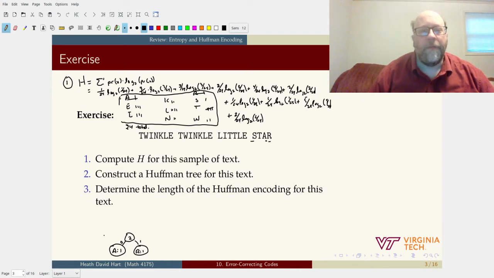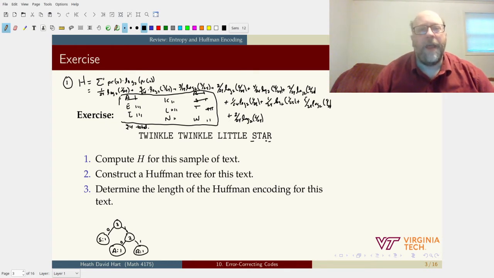So that's going to put S on the left. S has a weight of 1. It will combine with this 2 to give me a node of weight 3. 0 on the left, 1 on the right. All right.